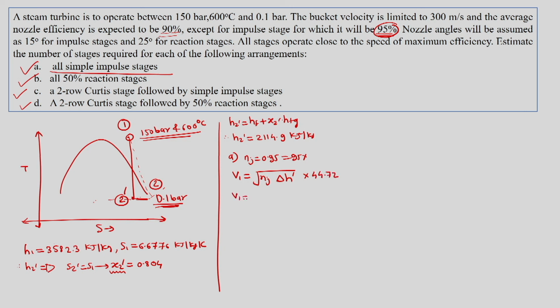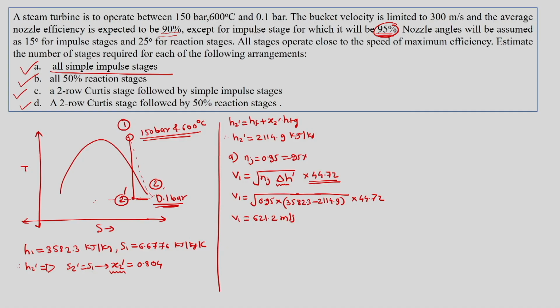Now V1 is equal to 0.95 into (3582.3 minus 2114.9) into 44.72. So for us V1 is equal to 621.2 meters per second. We have to keep this point in mind.